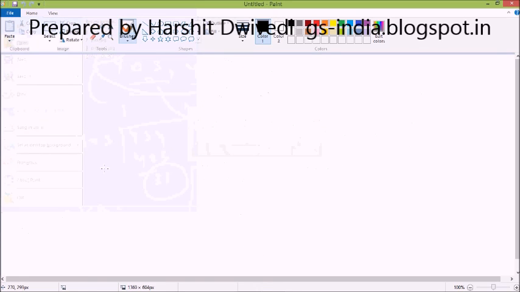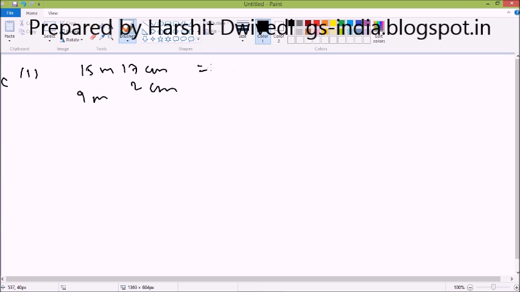Next question. The least number of square tiles required to pave the ceiling of a room 15 meter 17 centimeter long and 9 meter 2 centimeter broad. We have to calculate the least number. So in this 11th question, 15 meter 17 centimeter is 1517 centimeters, and 9 meter 2 centimeter is 902 centimeters.